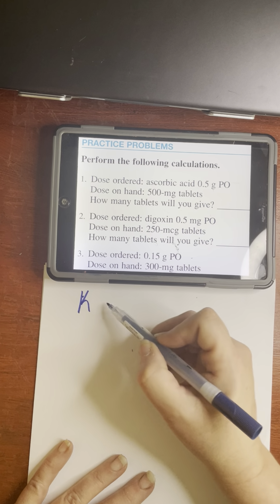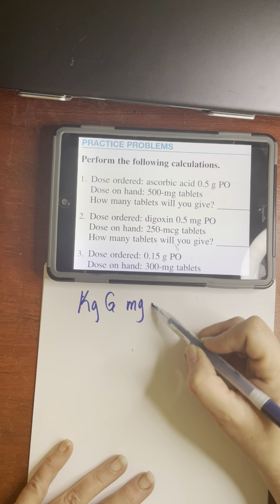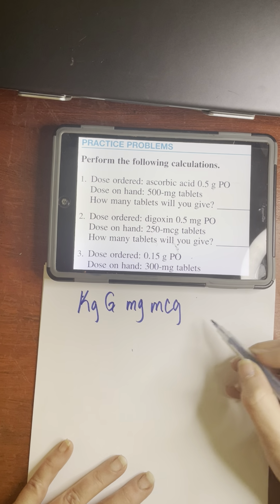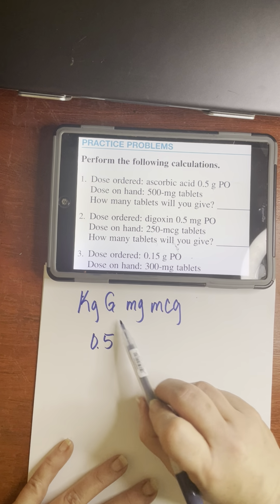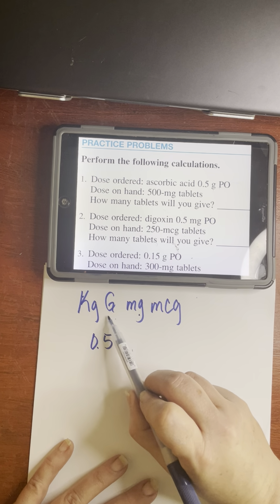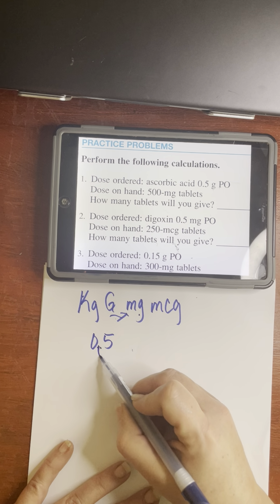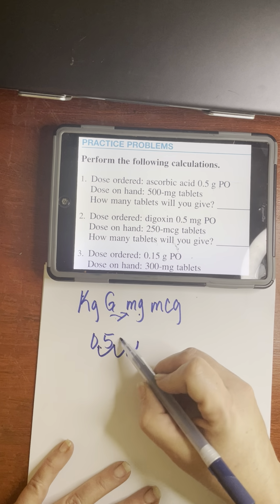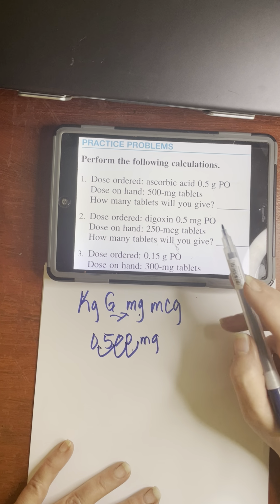Remember, you have kilograms, grams, milligrams, micrograms. And if it's 0.5 grams, and we got to go to milligrams, we got to move our decimal to the right. We're going to go 1, 2, 3. And so that would be 500 milligrams.